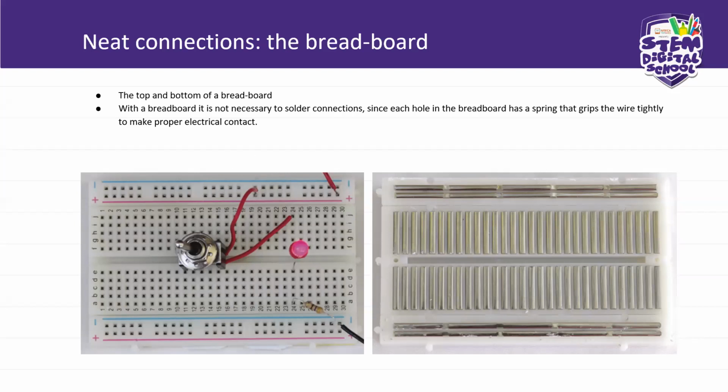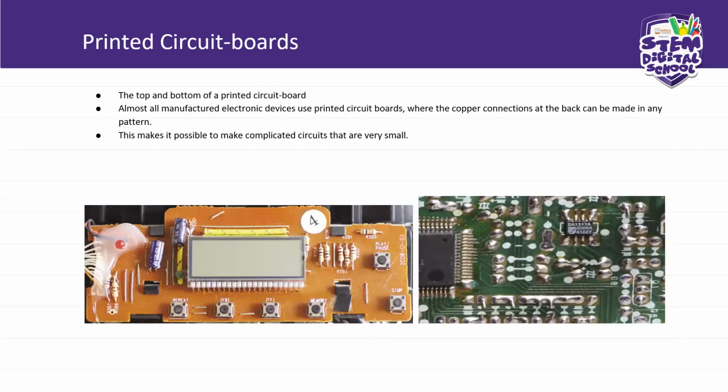Okay. Then you have your printed circuit boards. Printed circuit boards, the PCBs, are widely used for commercial purposes. Okay, right. The top and bottom of a printed board is this.